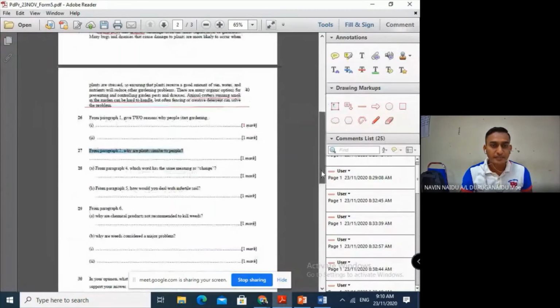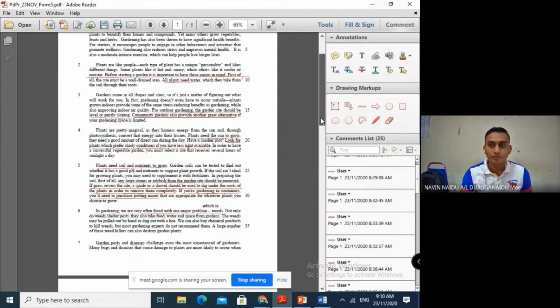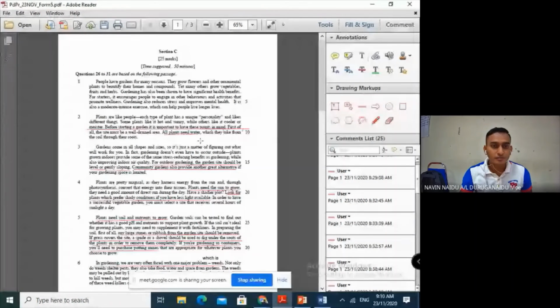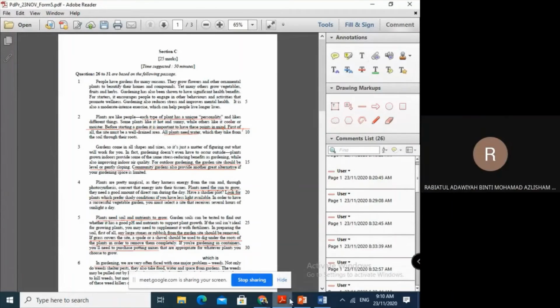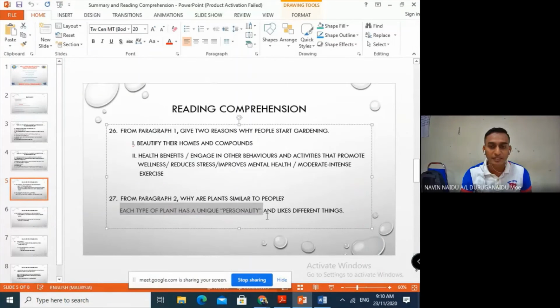Okay, so Rabi has suggested that's the answer. From paragraph 2, why are plants similar to people? Your answer should be: plants are similar to people because each type of plant has a unique personality and likes different things.